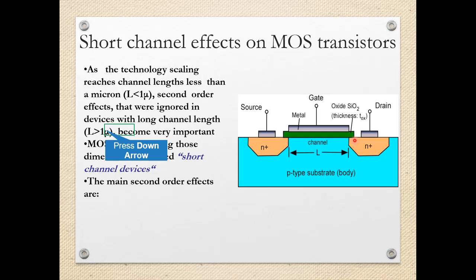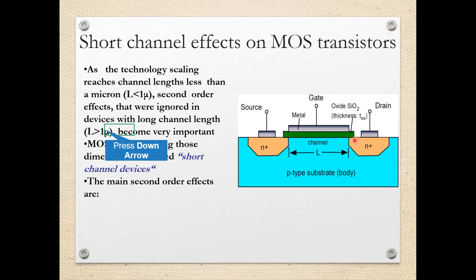Now, as the technology scale is reducing day by day, it is important to study the effect of this reduced channel on the operation of the MOS transistor. As technology scaling reaches a channel length of less than 1 micron, the second order effects that were ignored in devices with long channel length become very important. So for devices having a channel length of less than 1 micrometer, we can observe certain special effects in the operation of the MOSFET, and those we have to study.